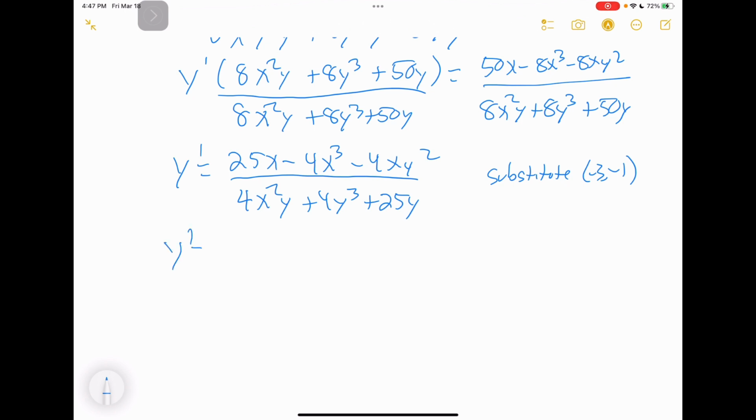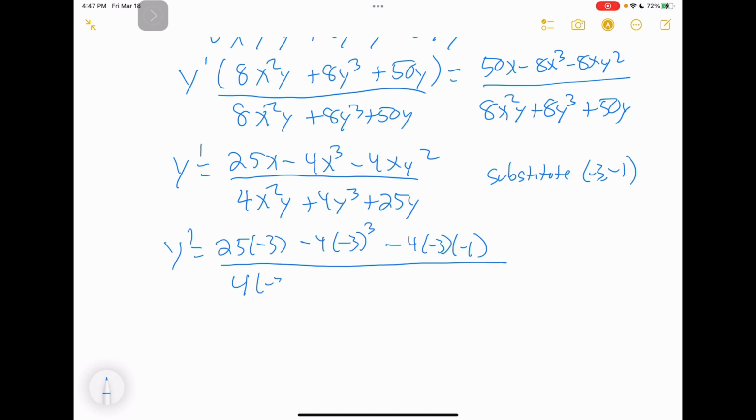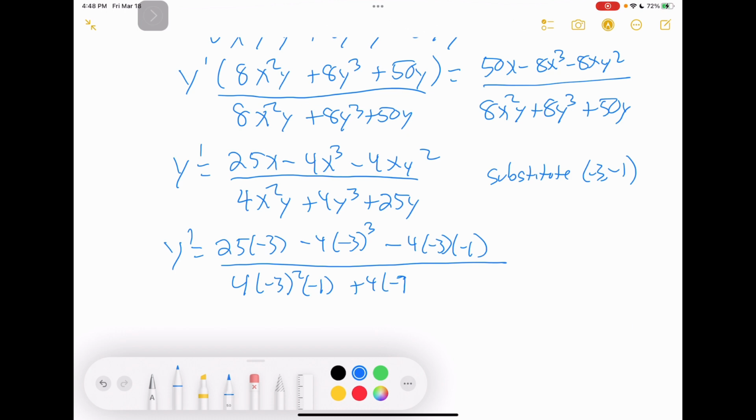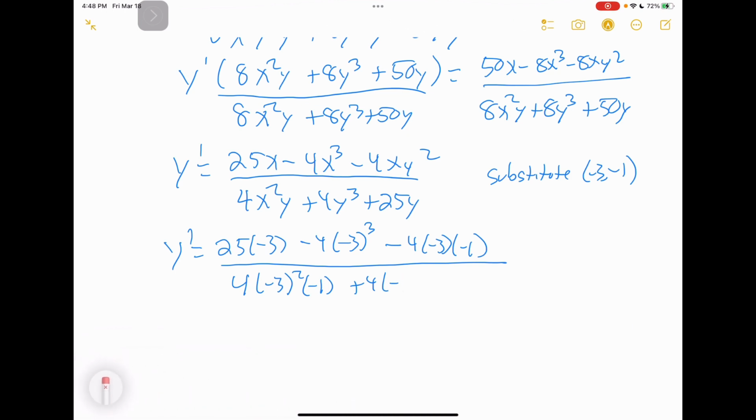So y prime equals 25 times -3 minus 4 times -3 cubed minus 4 times -3 times -1, over 4 times -3 squared times -1 plus 4 times -1 cubed, and then plus 25 times -1.